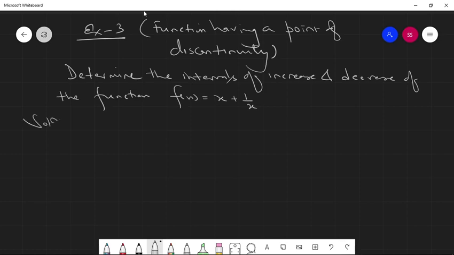Now the solution. The given function is f of x equal x plus 1 over x.